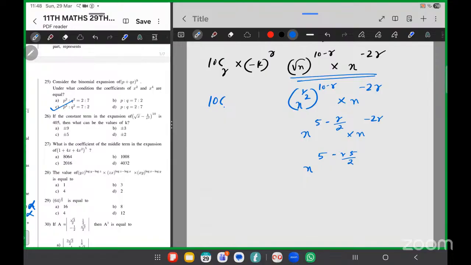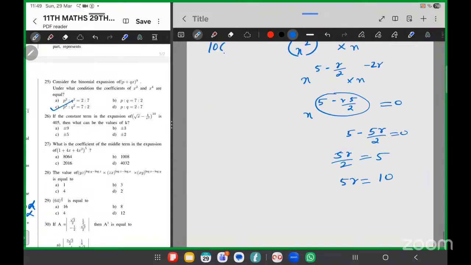This is the power of x, and it should be equal to 0. That means 5r by 2 equals 0, and so 10C2 into minus k raised to 2 equals 405.